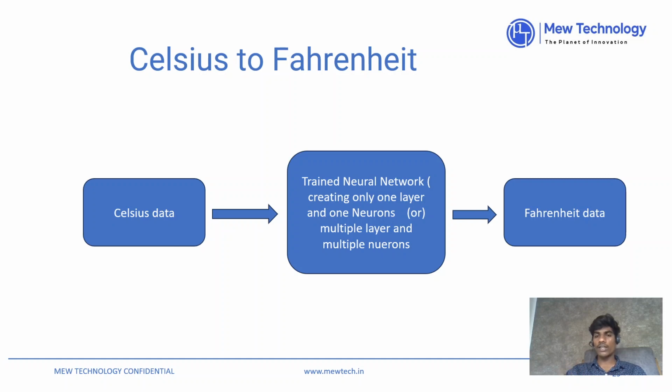Second, another neural network with multiple layers, where every layer has multiple neurons. Finally we get Fahrenheit data. We solve this problem in different ways using different kinds of neural networks.